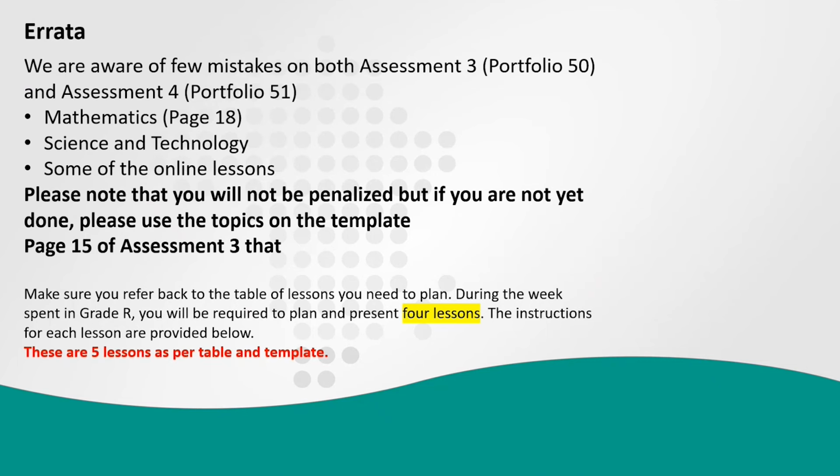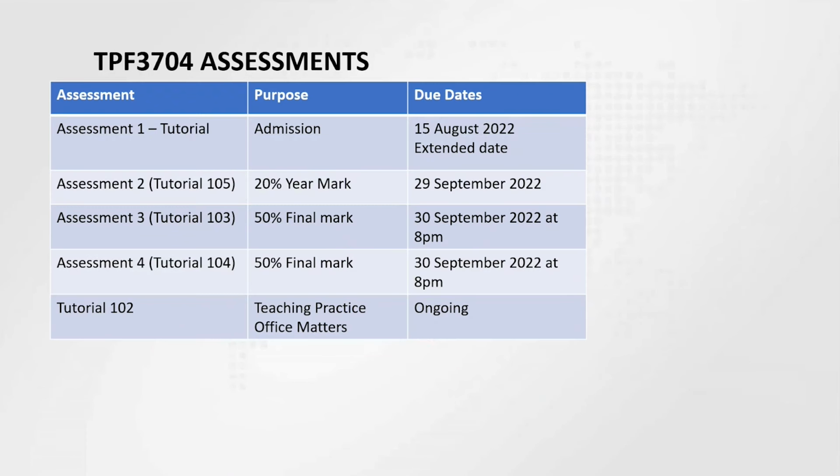The 4 was a mistake. If you look there, you've got 5 lessons in school and you've got 1 as a case study. So ignore that and just check on the table. You'll see that those lessons are 5, and the 6th one is a case study. It's 3 face-to-face, I'll explain later, and 1 online and 1 a case study.